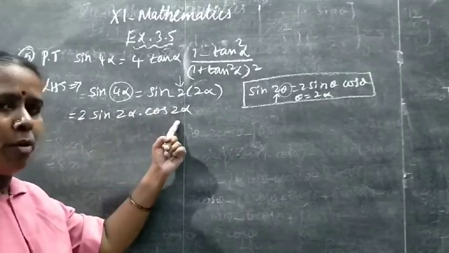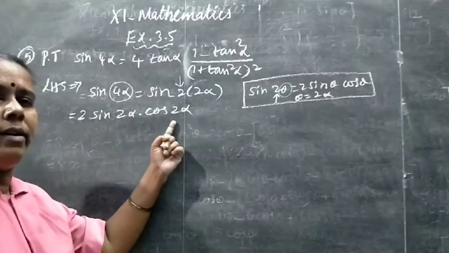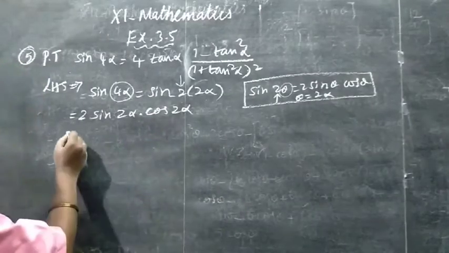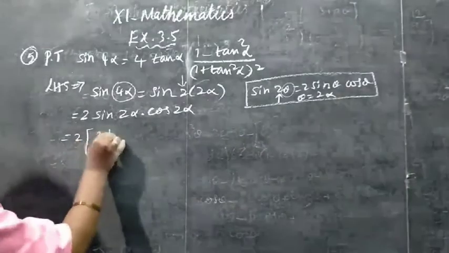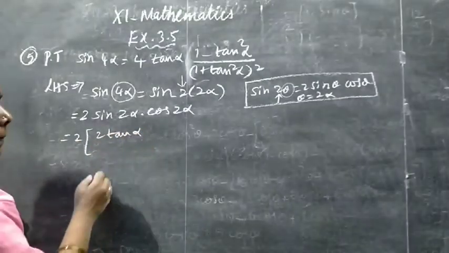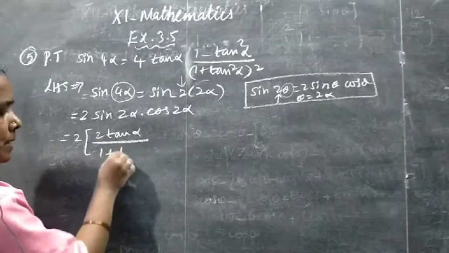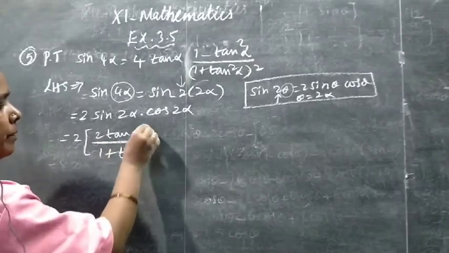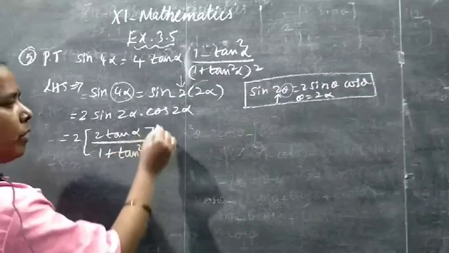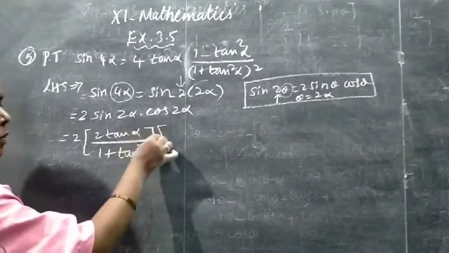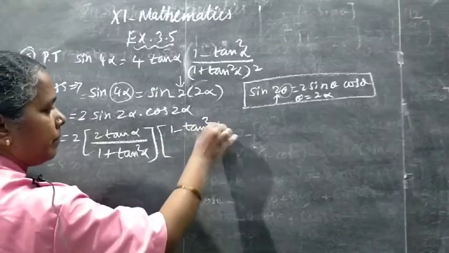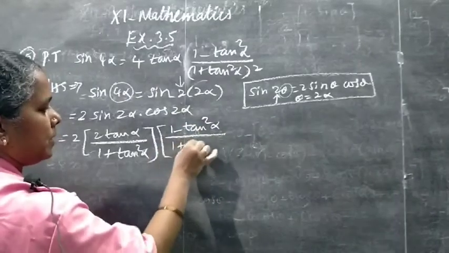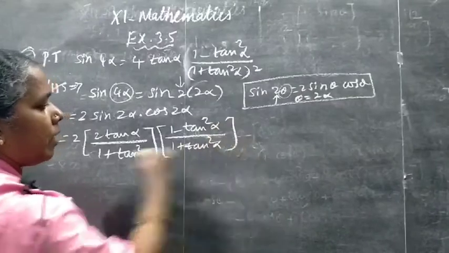Now sin 2 alpha is 2 tan alpha by 1 plus tan square alpha. And cos 2 alpha is 1 minus tan square alpha by 1 plus tan square alpha.